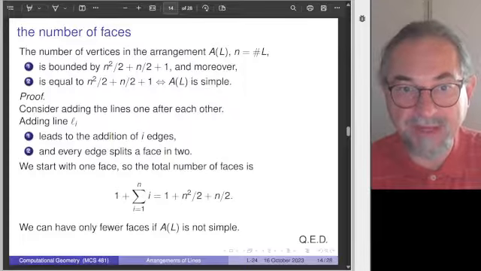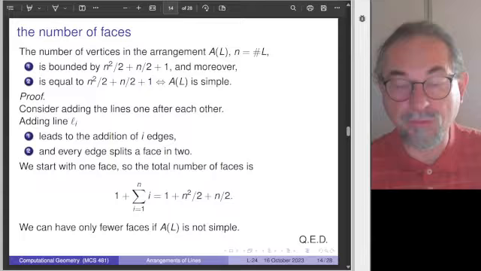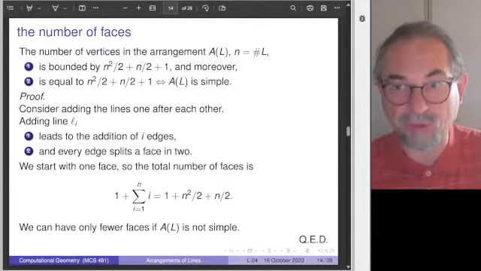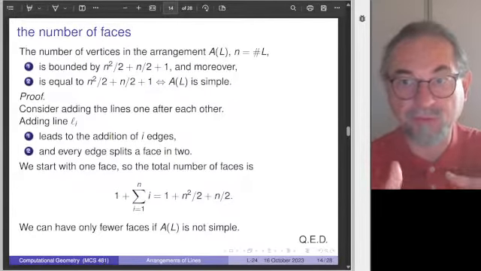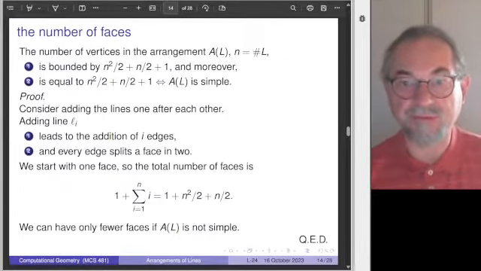Every edge splits a face in two if we add i edges in the ith step. And actually, if we would have fewer than i edges, that could only happen when you would have parallel lines. And in that case, we have a line arrangement that is not simple.